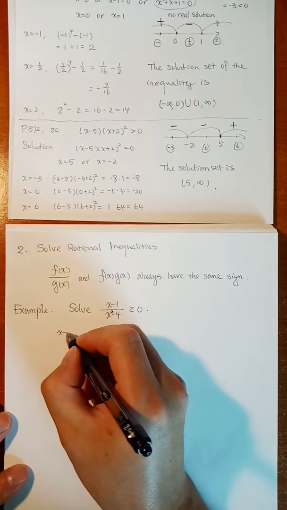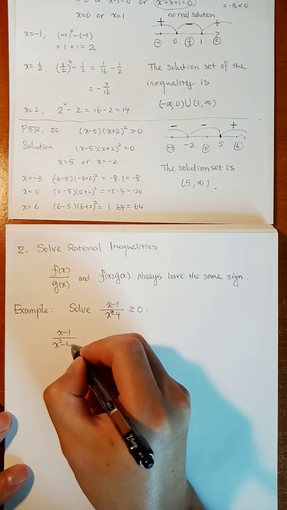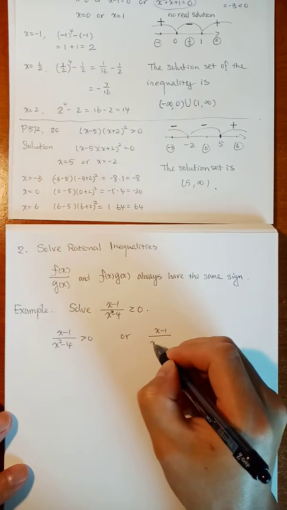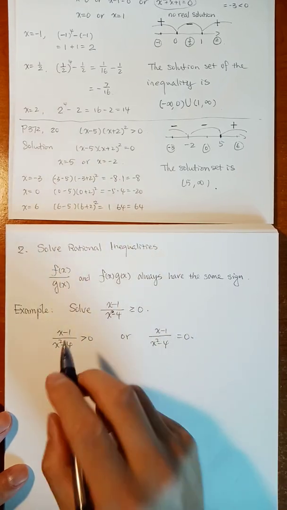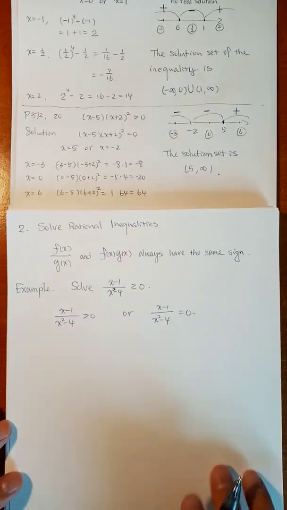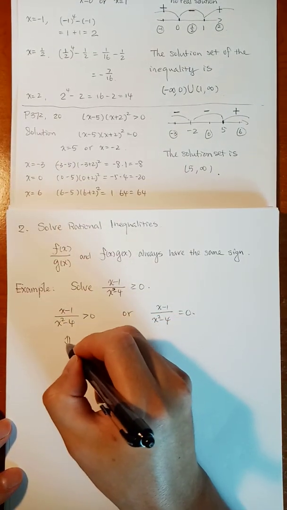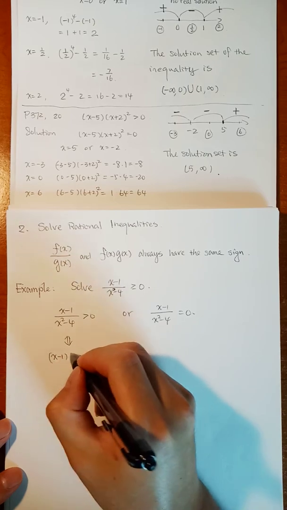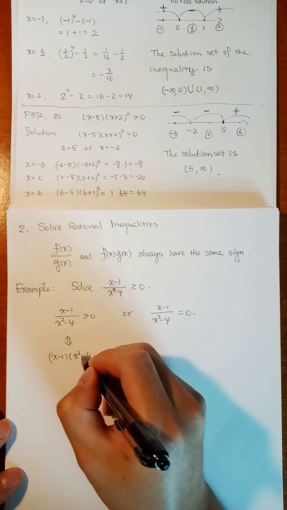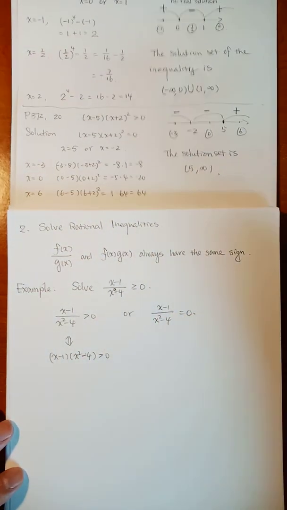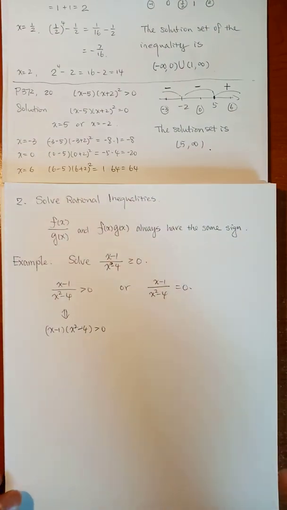Let's consider them separately. Either greater than 0 or equal to 0. Greater than 0, the ratio is greater than 0. It's equivalent to the product being greater than 0. They're either both positive or both negative.